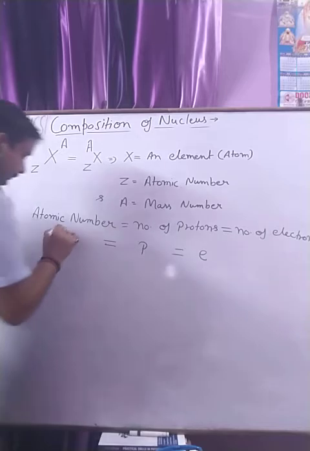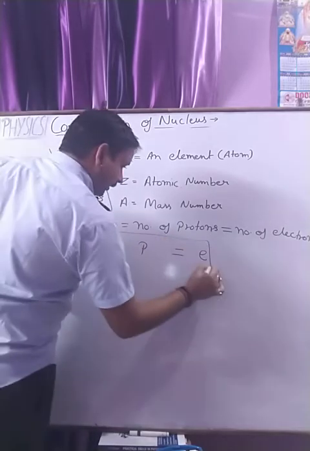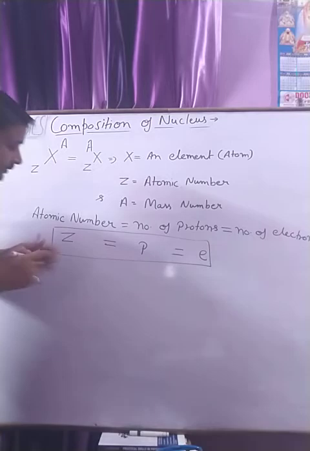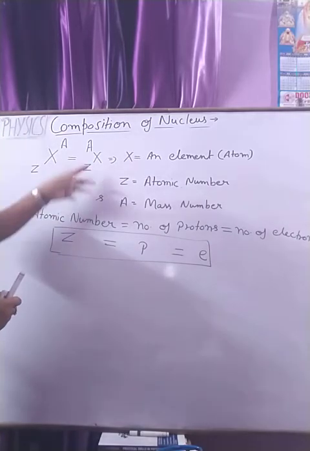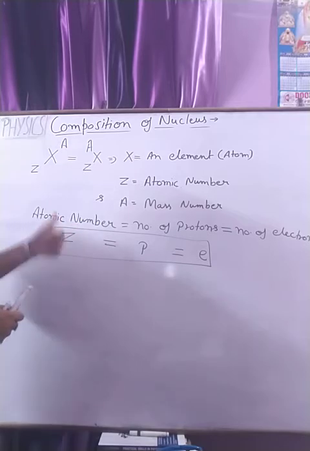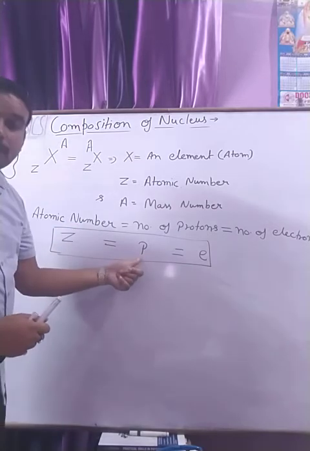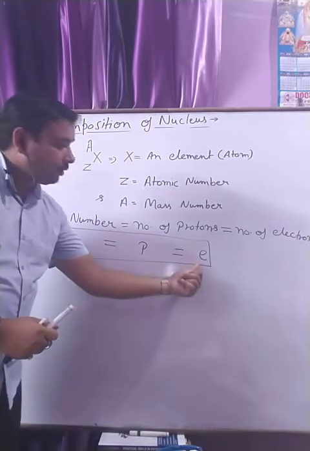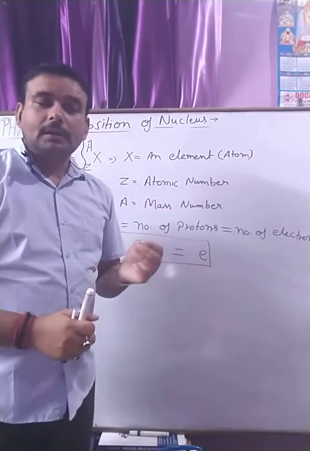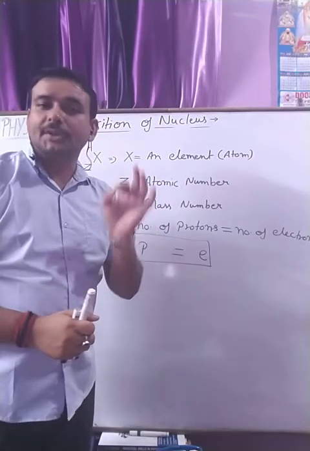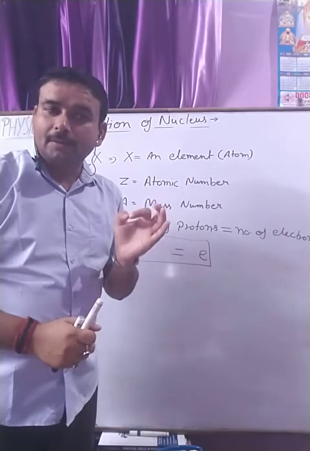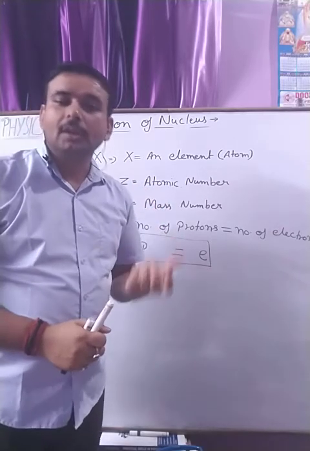Okay, so this we have the identity. Z in the symbol of an element represents the atomic number as well as the number of protons and also the number of electrons, because we all know that the atom is neutral, that is, the total positive charge of an atom is equal to the total negative charge.